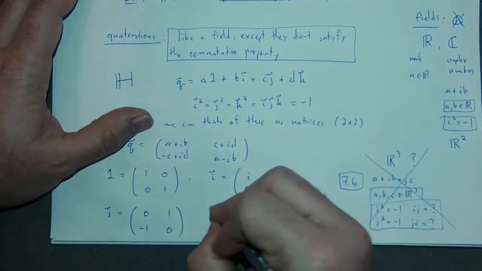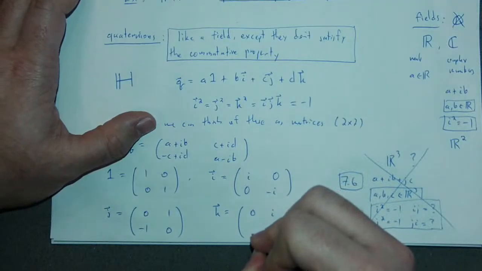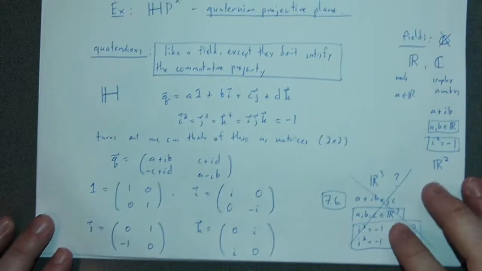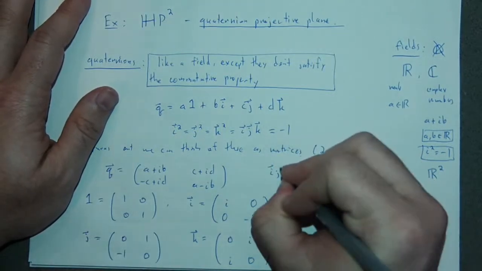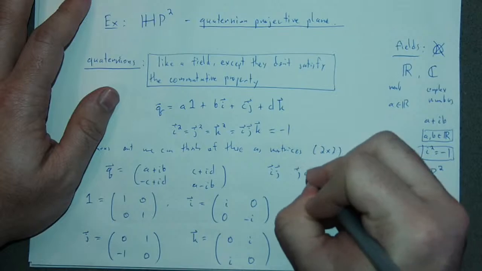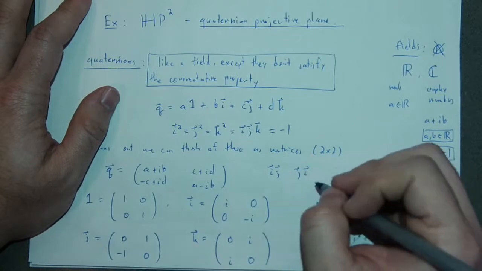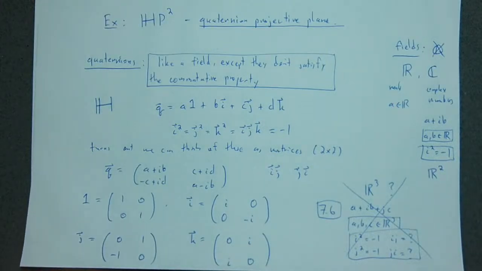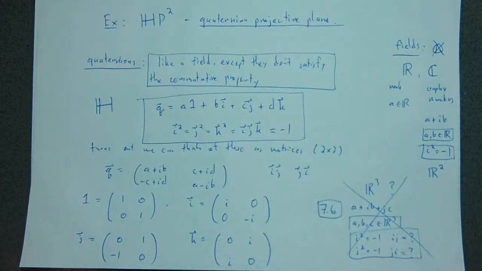And K would be the matrix corresponding to 0, I, I, 0. So you can check IJ and JI. If you check those, you'll see that they're not the same thing. You could check IK, IJ, KI. You could check all those things and see that they're actually not the same. Okay. And so this is the description of the quaternions.